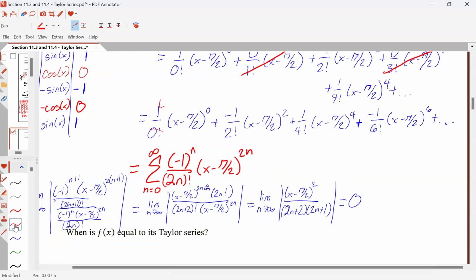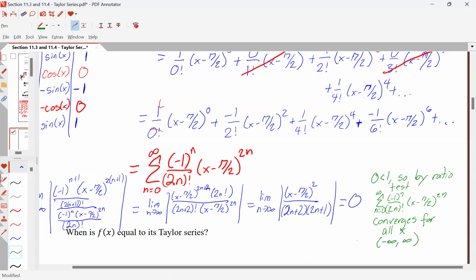Just like in the e to the x case, 0 is less than 1. So by the ratio test, the series n equals 0 to infinity, -1 to the n over 2n factorial times x minus pi over 2 to the 2n converges for all x, making the interval of convergence -infinity to infinity.